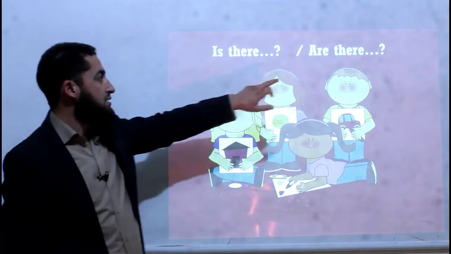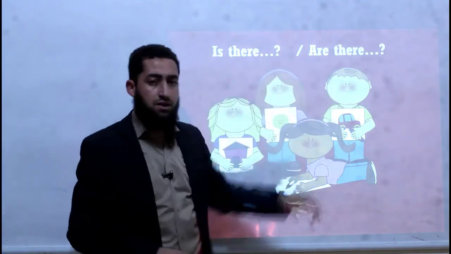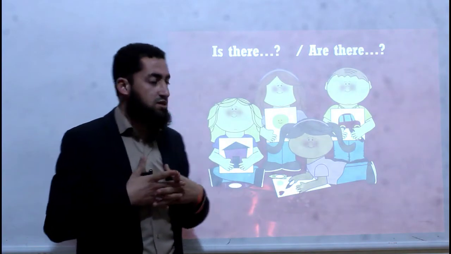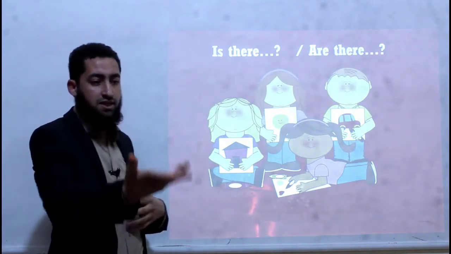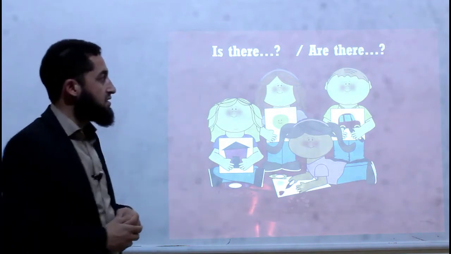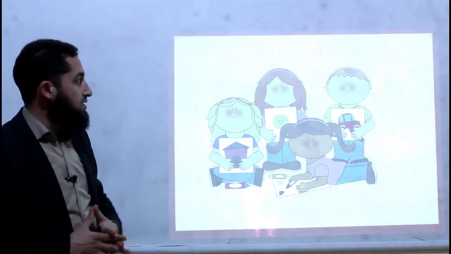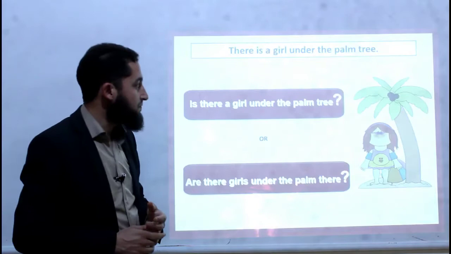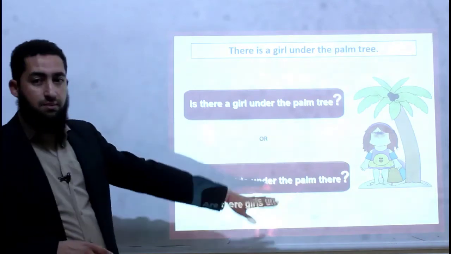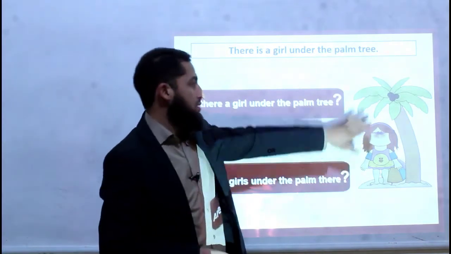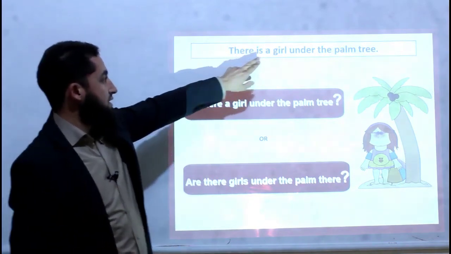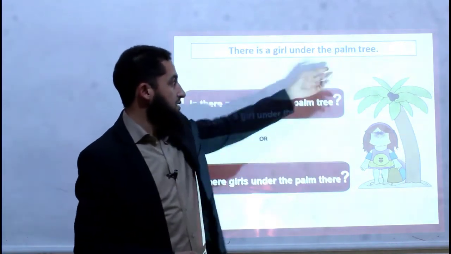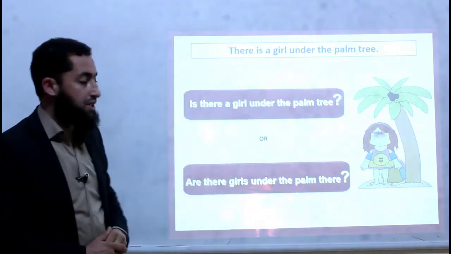Is there and are there? We want to ask the question. Is there, in Arabic, wesh kain. Go. The first example, we have the same picture, a girl and a palm tree. The sentence is there is a girl under the palm tree.